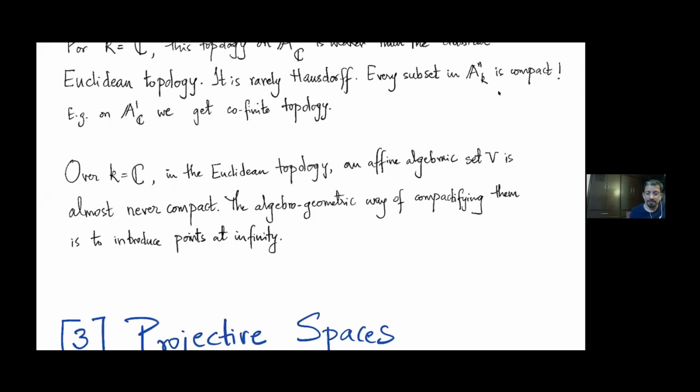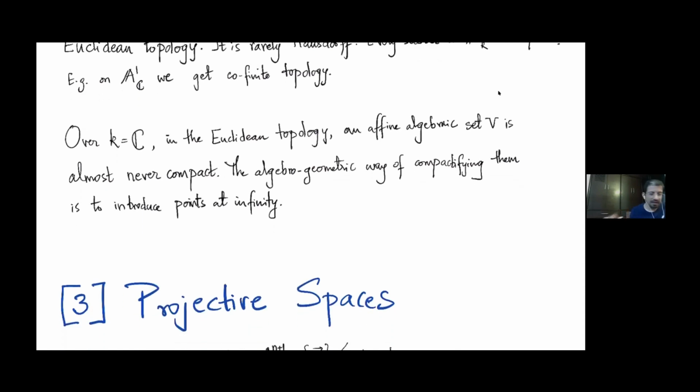So for compactifying this, in analogy with topology, there are advantages of working with compact spaces. If you want to compactify an algebraic set, we shouldn't use the Zariski topology. Over an arbitrary field, we only have a Zariski topology.